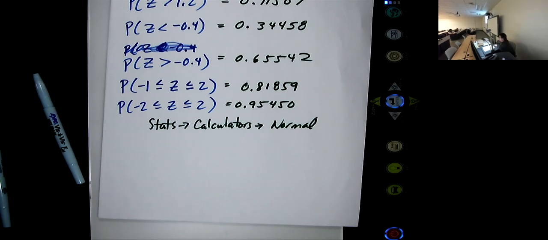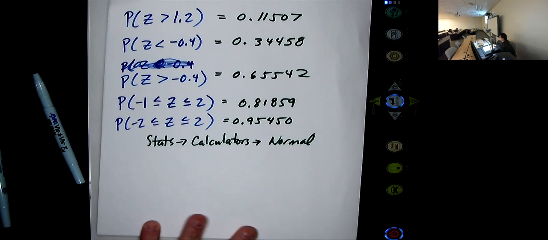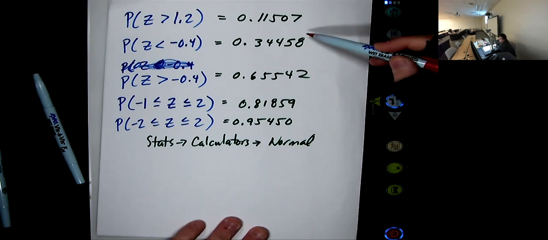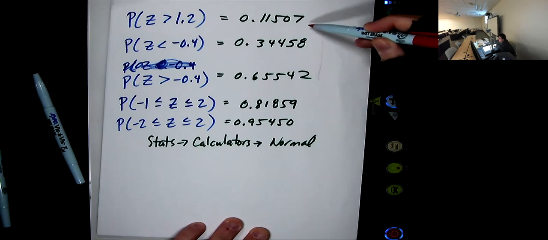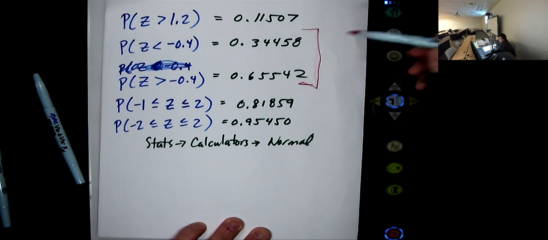We said that this could represent probability. Probability has to add up to 1 for 2 different things. Notice how on this one I had less than -0.4 and greater than -0.4. This covers all possible values of z.